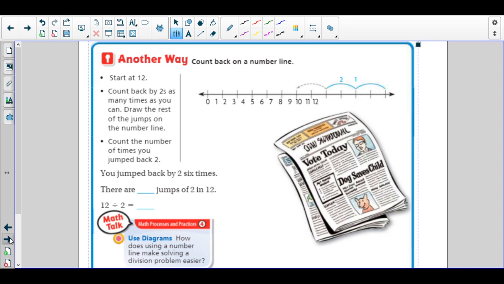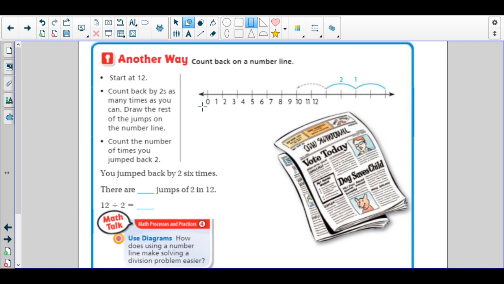Okay, we have another way that we can do this, and that is counting backwards on a number line. Okay, so same problem. We're going to start at 12, and boy, that number line did not get copied the correct way. That is for sure. So let me go ahead and go in and do a quick redo of this.